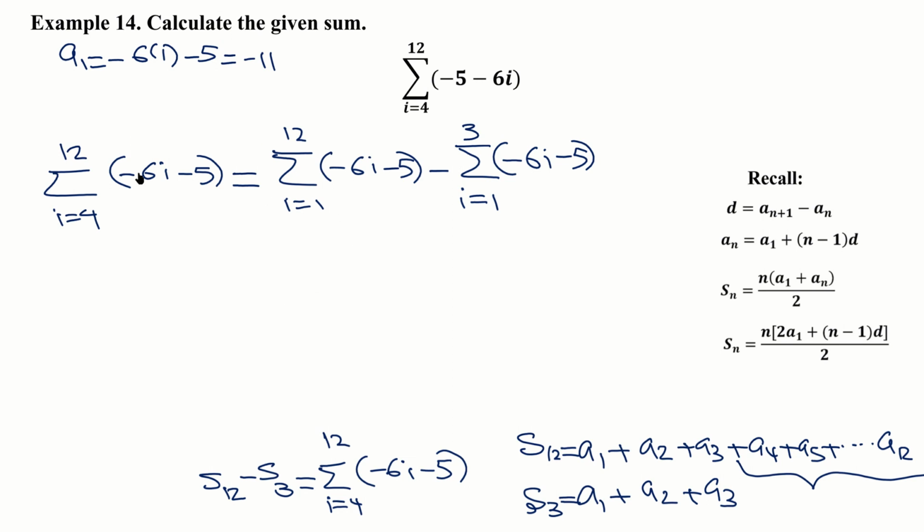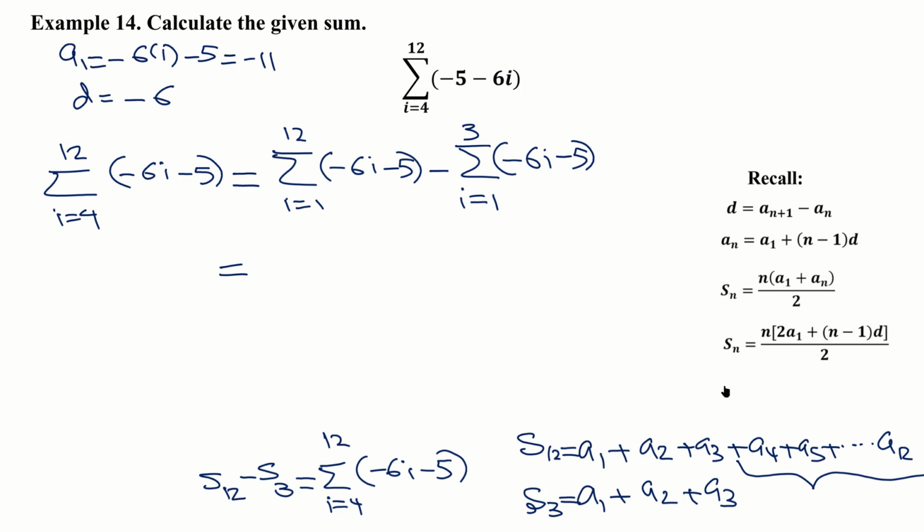Remember, that's why I wrote it in this format, because in this format, I know that the coefficient of i is going to be the common difference, so negative 6. And now we're ready to go ahead and compute. So we're going to use this formula.